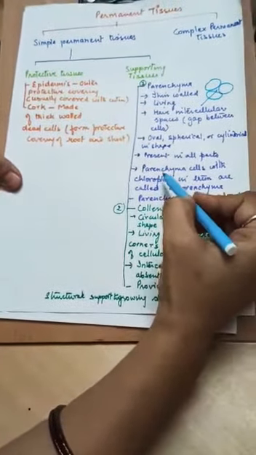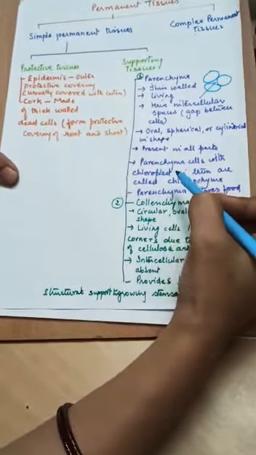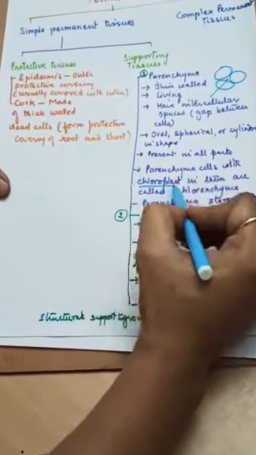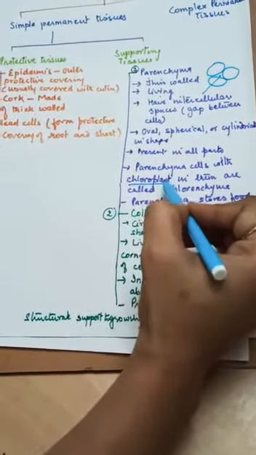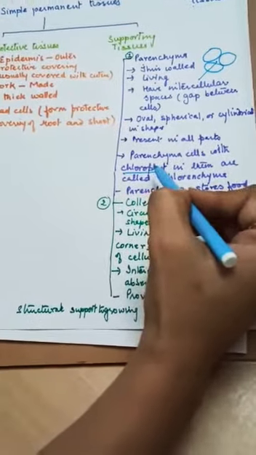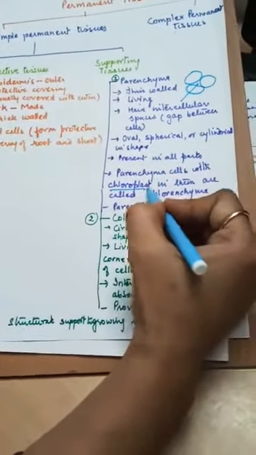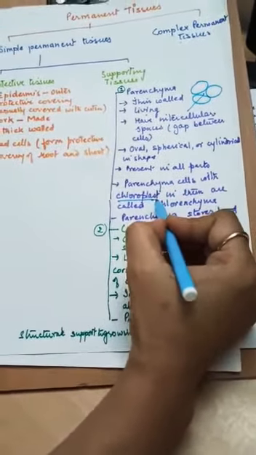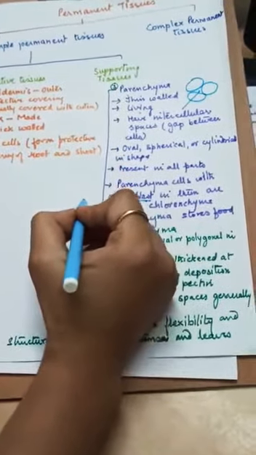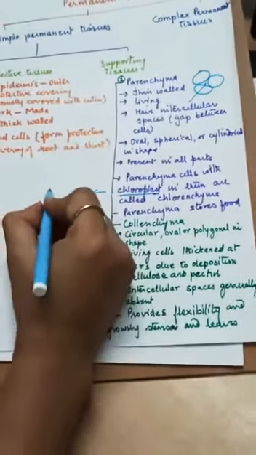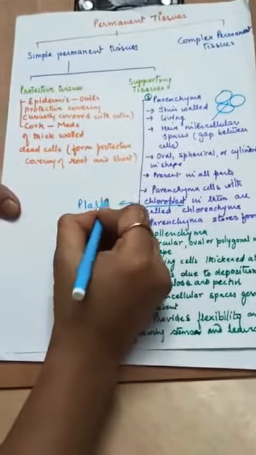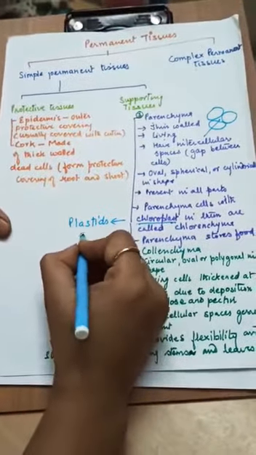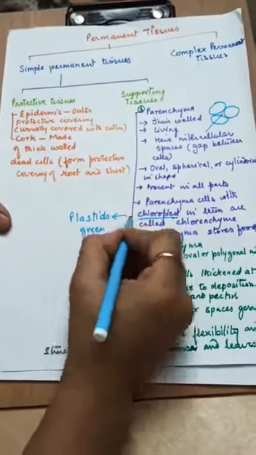Parenchyma cells sometimes possess, or we can say many a time it possesses chloroplast. These chloroplasts are the structure you have studied in the cell. Again I am recalling the chapter cell. What are chloroplasts? They are plastids. And plastids are green in color.